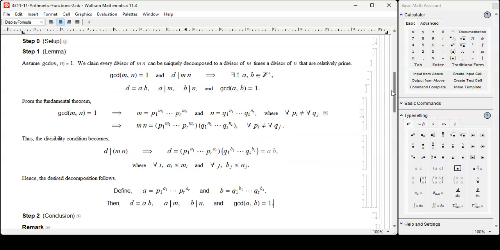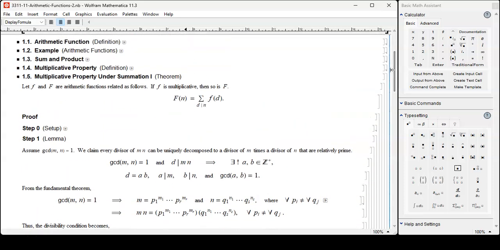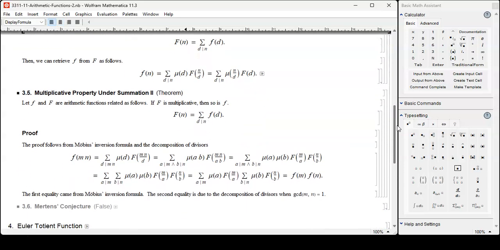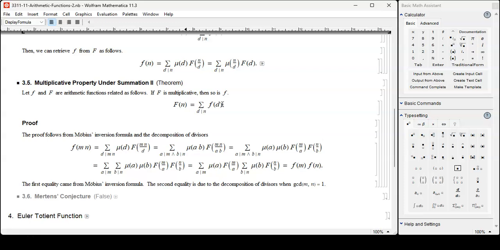So this decomposition is one of the core steps, the key technique that we use to prove this theorem 1.5. And theorem 3.5, well, we're talking about multiplicative property for the same condition. So it's not surprising that the same technique is being utilized here.